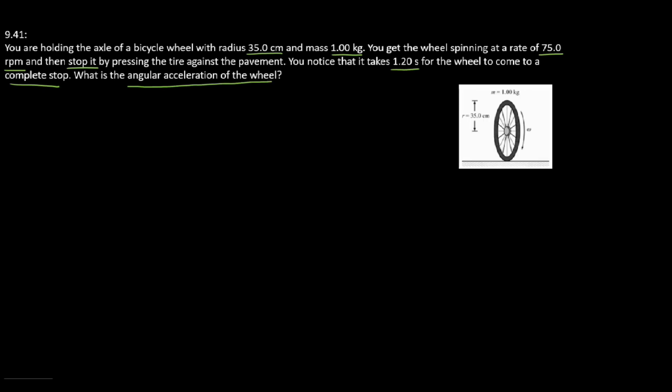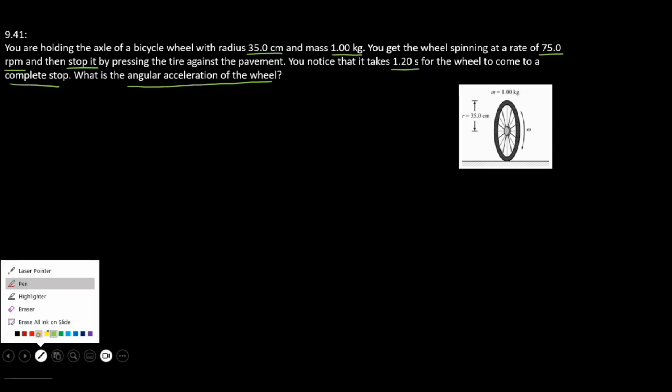So if you sketch the problem, you have a wheel that is spinning at the rate of 75 revolution per minute. Now revolution per minute is the unit of frequency.